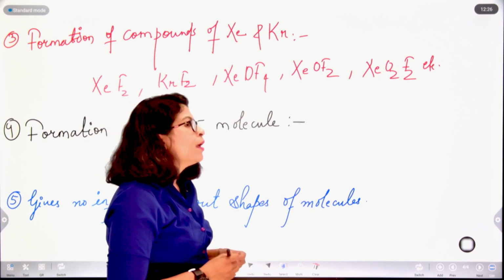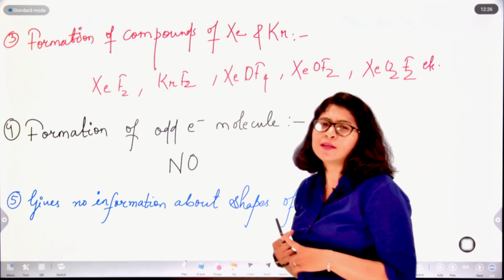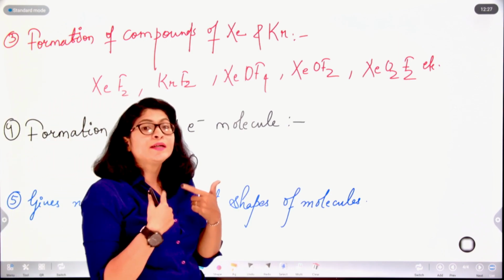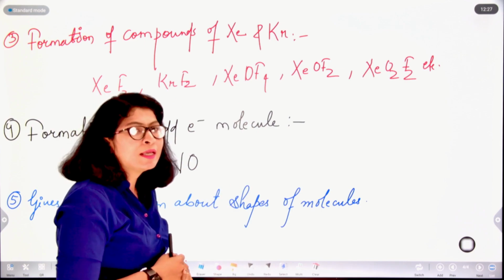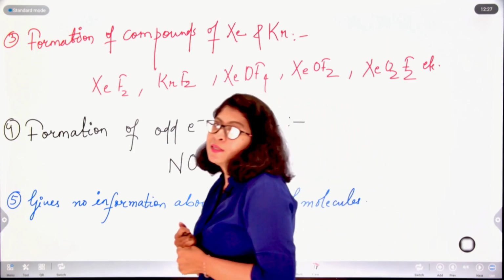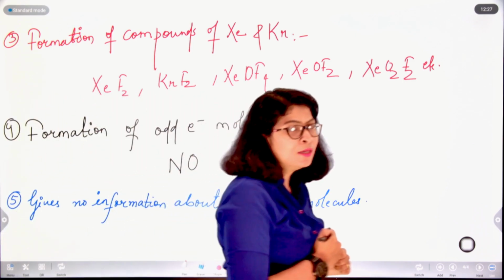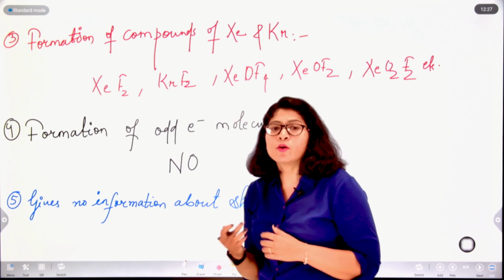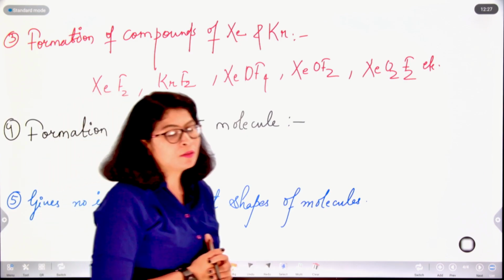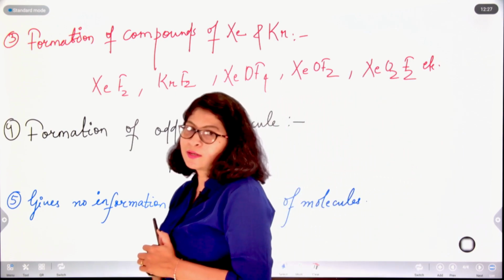But under drastic conditions, for example high temperature and pressure, or in the presence of very electronegative elements like fluorine and oxygen, they form compounds like XeF2, KrF2, XeOF2, XeOF4, XeO2F2, etc. So this is also a limitation of the octet rule, where it deviates from the concept that noble gases are unreactive.